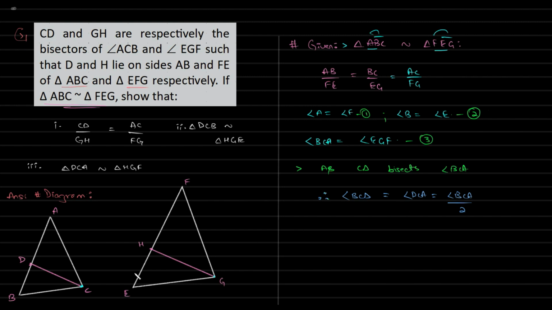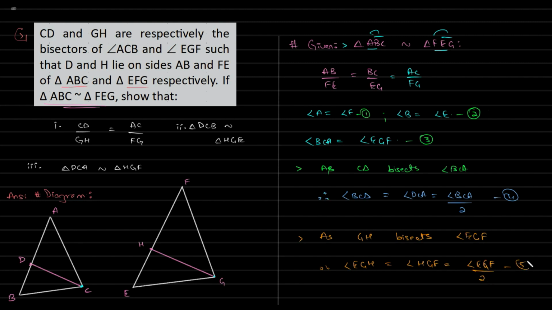That's what bisection means. We'll call this 4. All of this will be useful. As GH bisects angle EGF, therefore angle EGH is equal to angle HGF, which is EGF by 2.